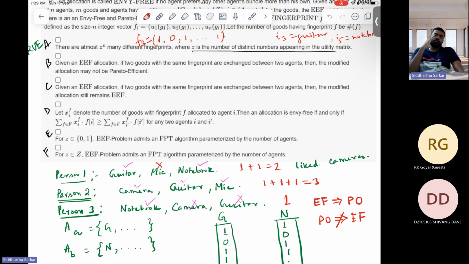Envy free means that nobody likes the other person's bundle more than his own bundle.